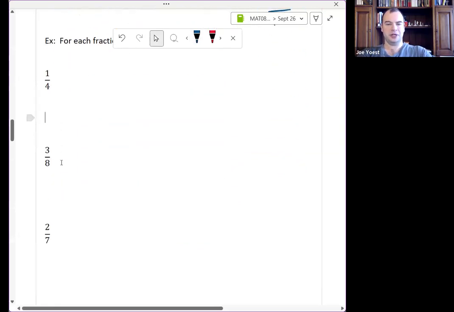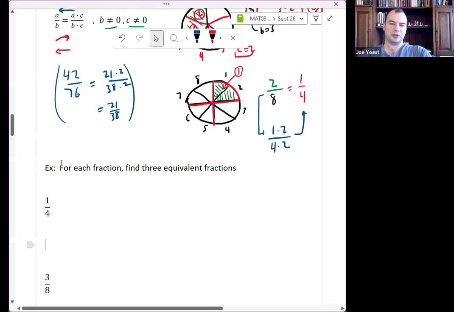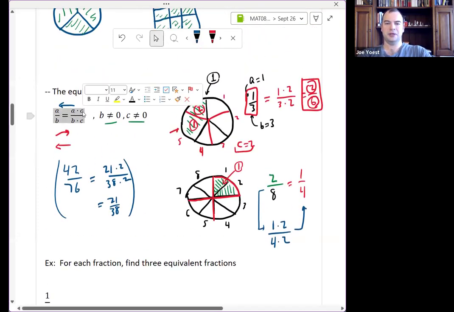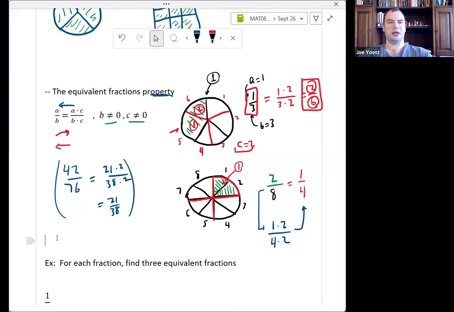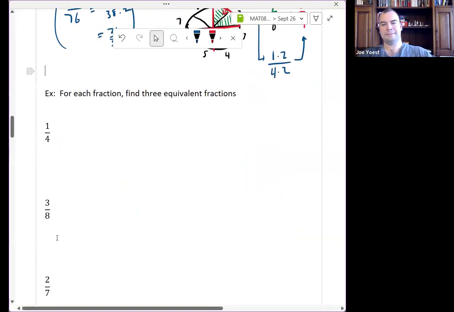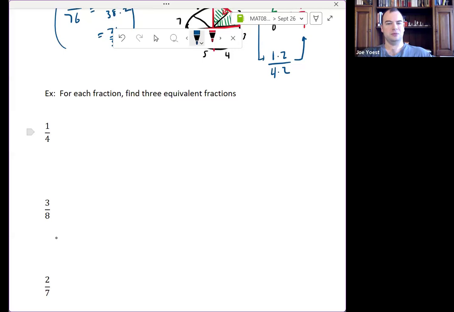So for this example, for each of these fractions, let's find 3 equivalent fractions. How do we find equivalent fractions? Well, we pick a number c that's not 0, and we multiply both the top and the bottom by that number. So 1/4 is the fraction I'm starting with here.